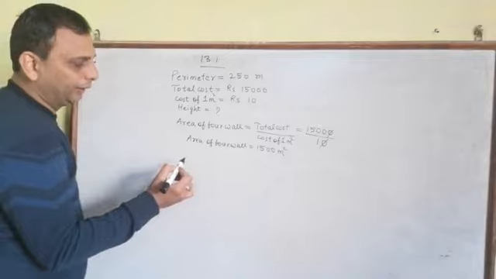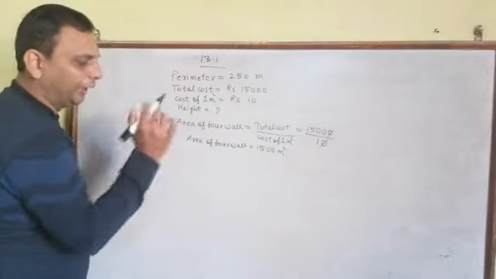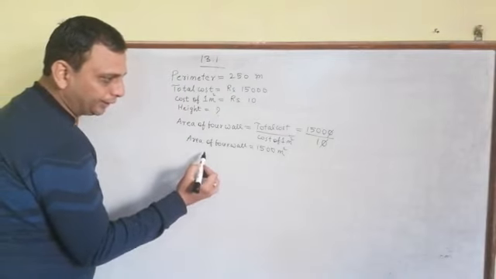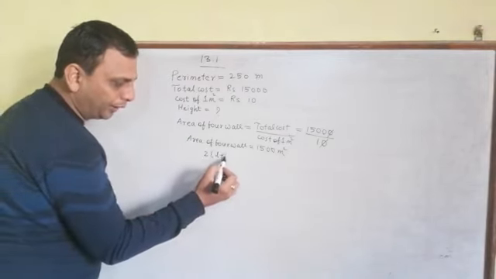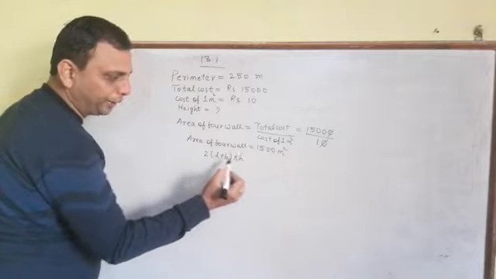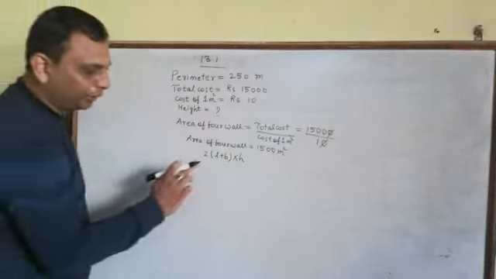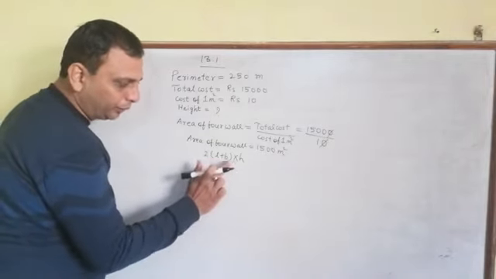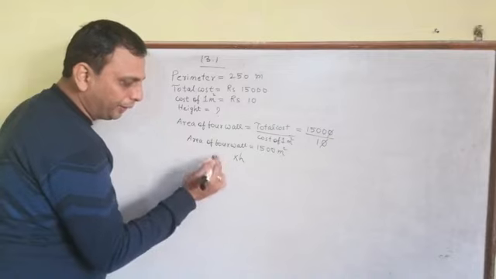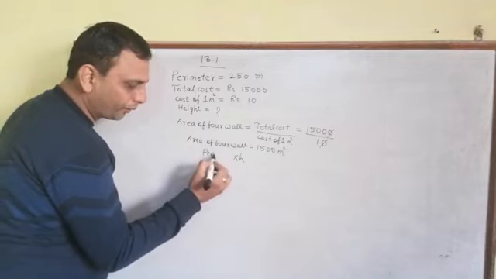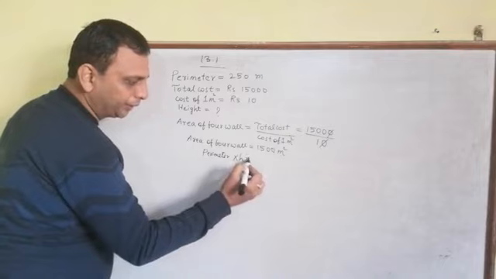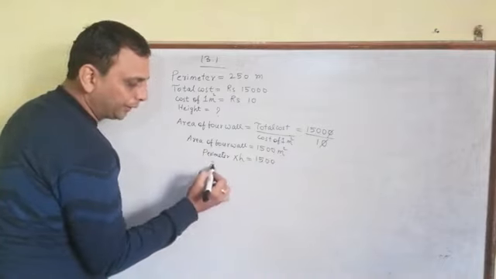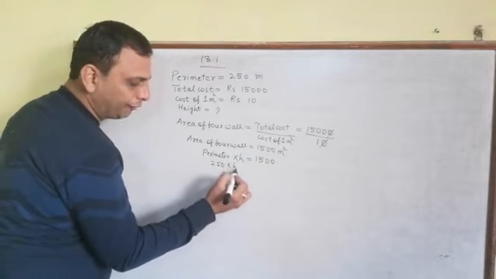Now the perimeter is given, and we need to find the height. The area of four walls formula we studied is 2 into (L plus B) into height. That means perimeter into height, since 2(L plus B) is the perimeter. So directly I can write perimeter into height is equal to 1500. The perimeter is given as 250, and height we have to calculate.